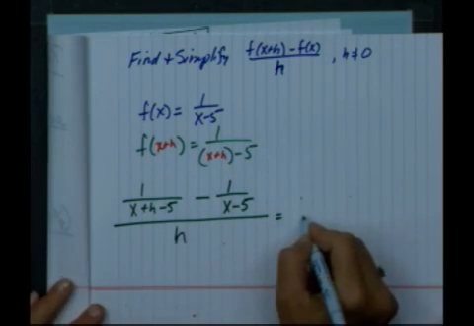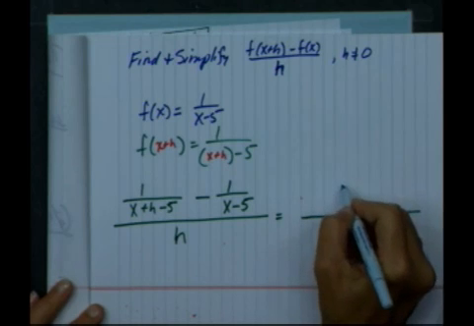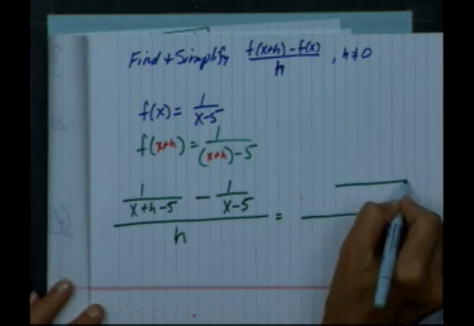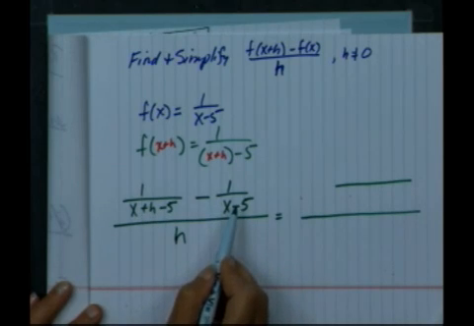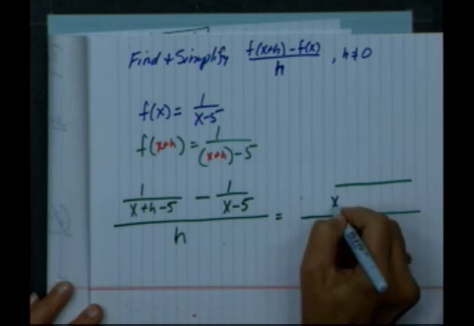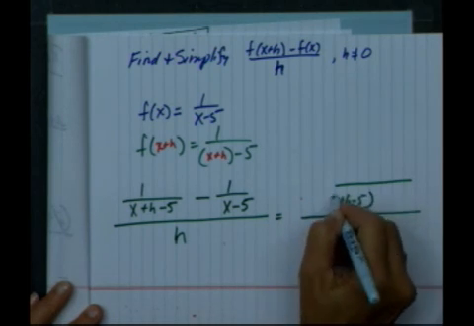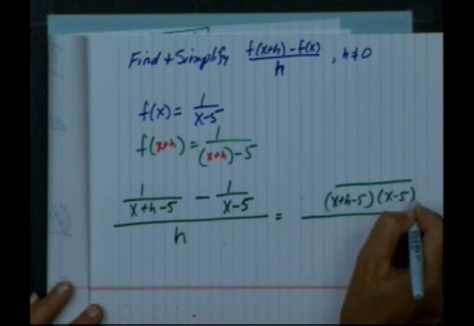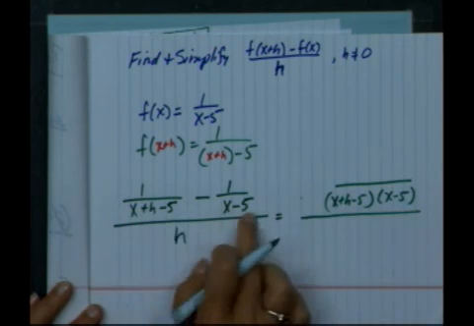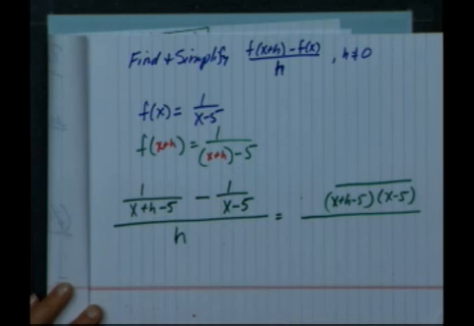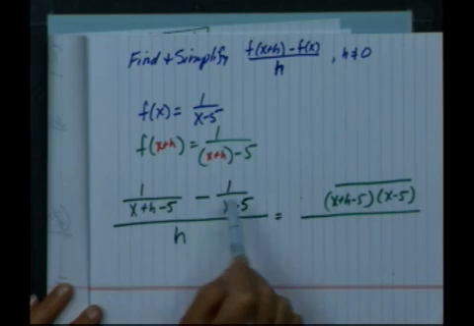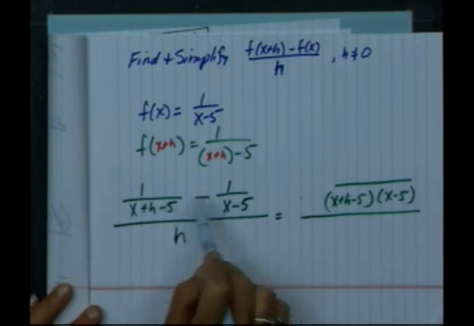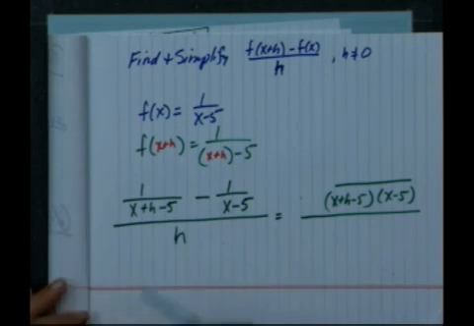So when you find the common denominator up in the numerator, what is it going to be? X plus h minus 5 times x minus 5. Both of these numbers multiplied together, just like if you had the number 6 and the number 7, or 3 and 8. You just multiply those two numbers together.